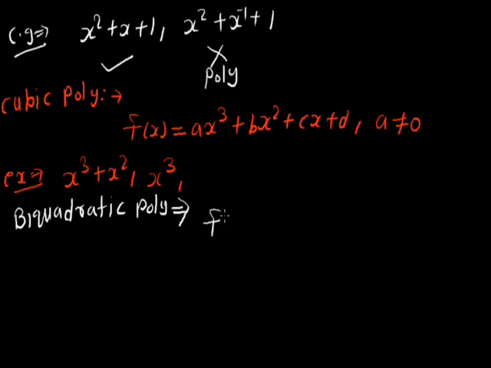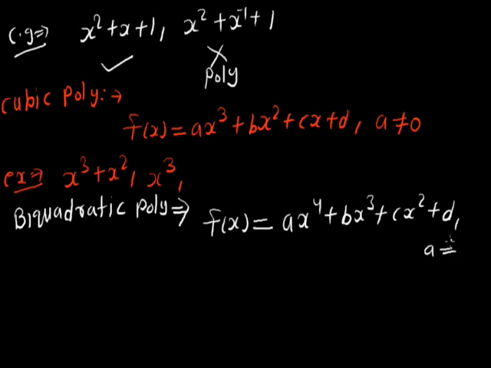If our polynomial is defined in variable x, then f of x can be given as a x to power 4 plus b x cube plus c x square plus d. And what is the condition we have to apply here? a must not be equal to 0, otherwise it will not be a biquadratic polynomial.